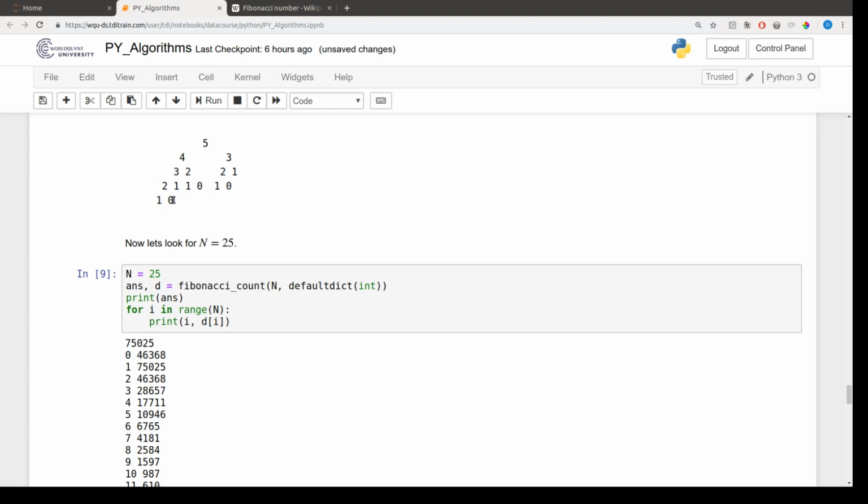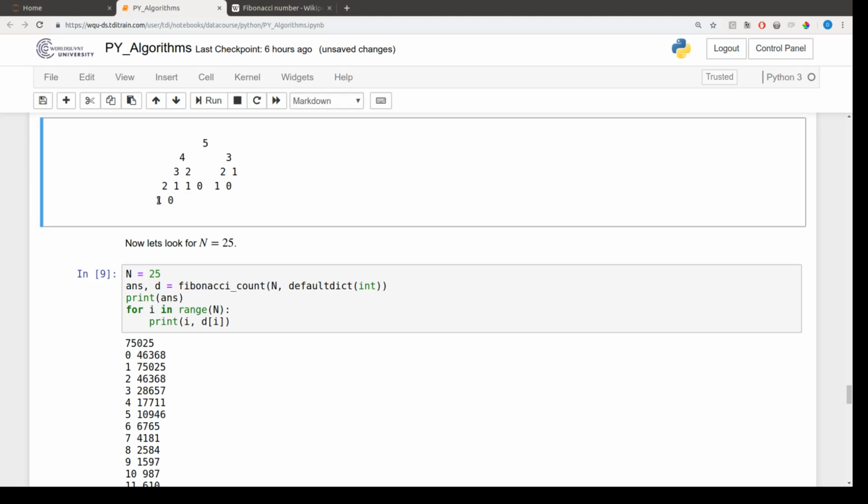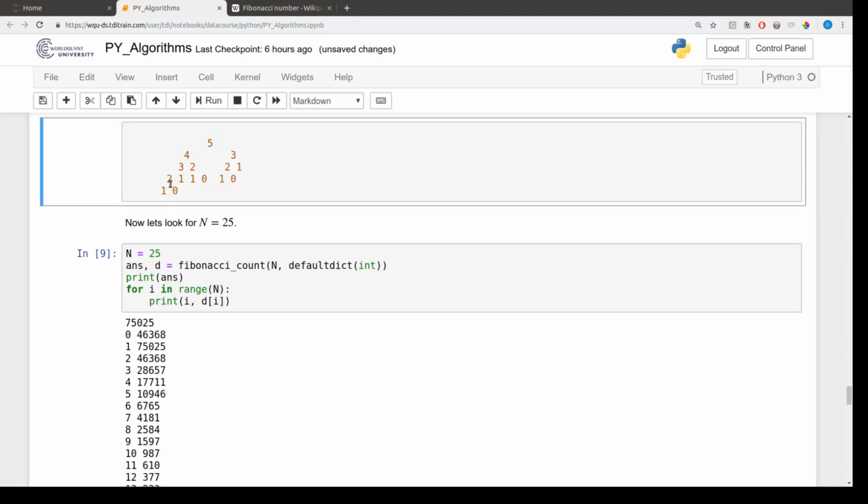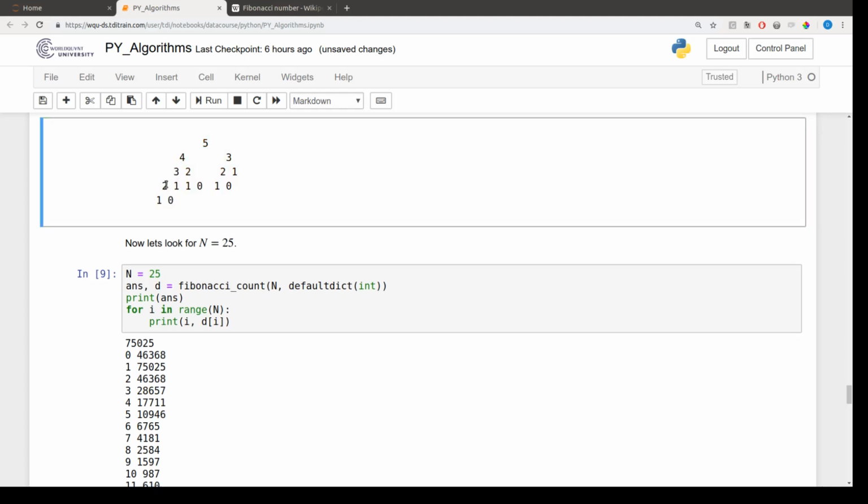And then once I hit 1 and 0, which I know the answers for, I start marching back up here to 2, then to 3, and I already know 2 and 1, so 3 I get for free. 4, I already know 3 and 2, so I get 4 for free. And then 5, I already know 4 and 3, so I get 5 for free as well. So we take this exponentially fast growing tree and reduce it to essentially a problem that's linear in n.